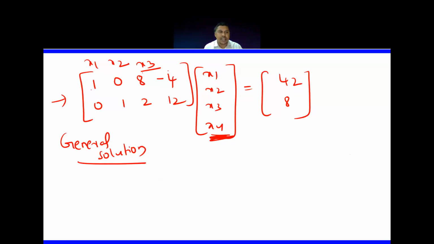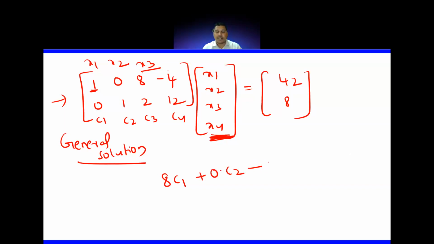Since x1 is 1, I'll write 8. Let us call the columns C1, C2, C3, and C4. 8 C1 plus 0 C2 minus C3, I have to do minus here, right? Plus 0 C4 equal to 42.